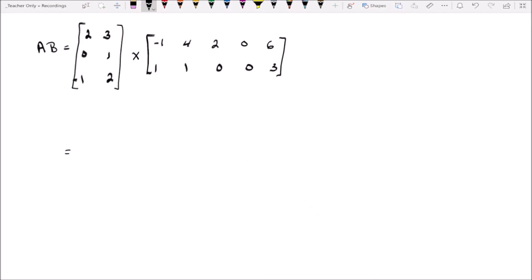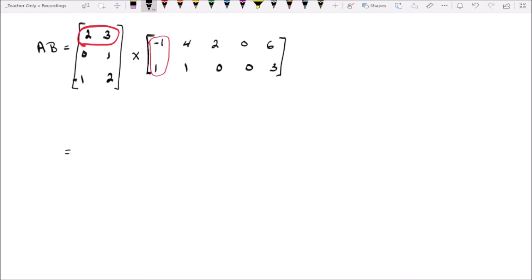To determine the 1, 1 entry of our product, what we do is take the first row of A and the first column of B.